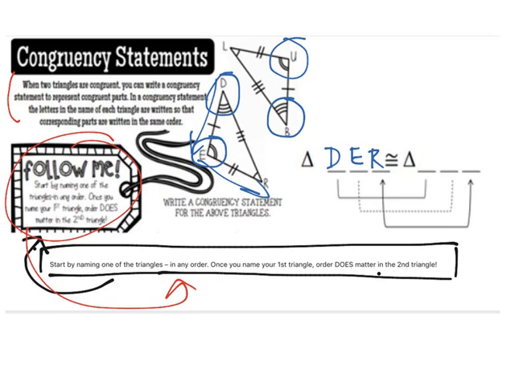So it would have to be B, U, and then lastly it goes to L, because E to R is the same as U to L. So now notice that these are all corresponding sides: D and B together, E and U, and R and L. So the order does matter in the second triangle. It's very important. Okay, let's move on.